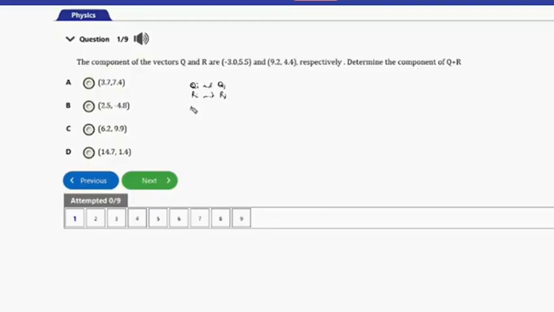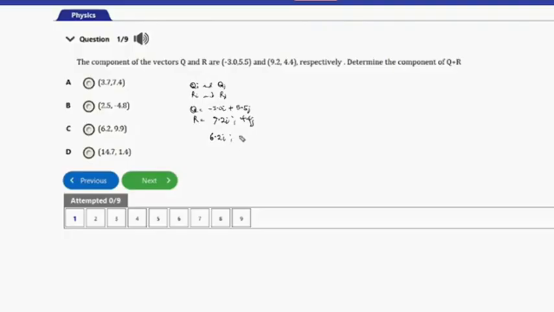So guys, for this, first of all, we'll have Q to be negative 3.0i and 5.5j, whereas for R we are going to have it as 9.2i and 4.4j. So guys, if we add up the i components together and add up the j components together, we are going to have negative 3.0i plus 9.2i, and that will give us 6.2i.